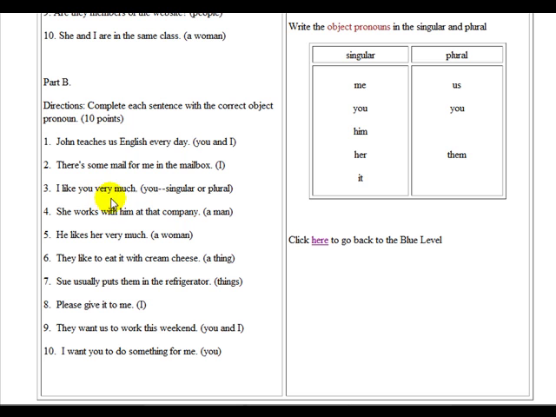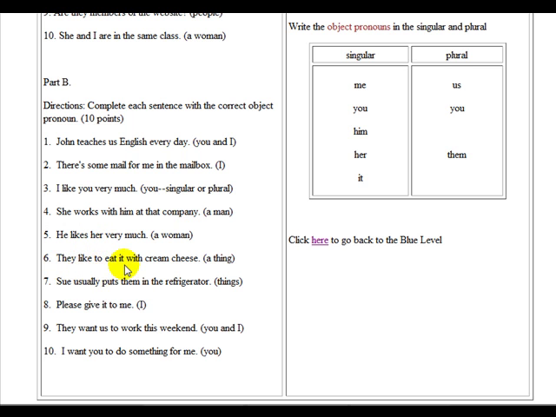It can either be one or the other, okay? So I like you very much, which is this form of you, which is the object. He likes her very much, a woman, so her would be the third person here. He likes her. You see the object of his liking, and so it's an object pronoun.